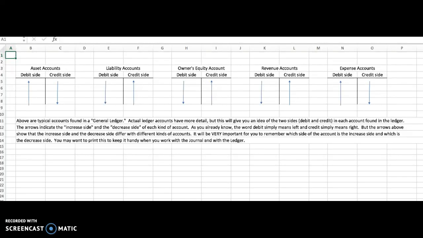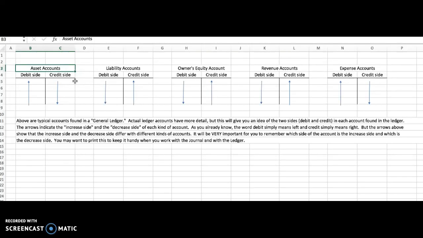You will have asset accounts, you will have liability accounts, you will have owner's equity, revenue, and expense accounts. And under each of these categories, under assets, for example, there may well be a number of assets. You may have cash as an asset.